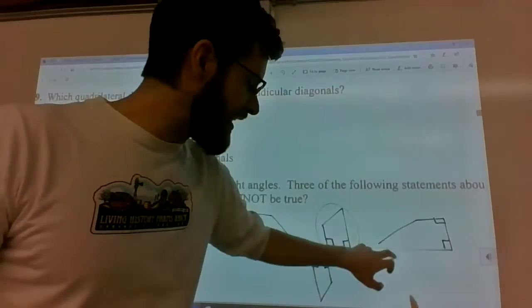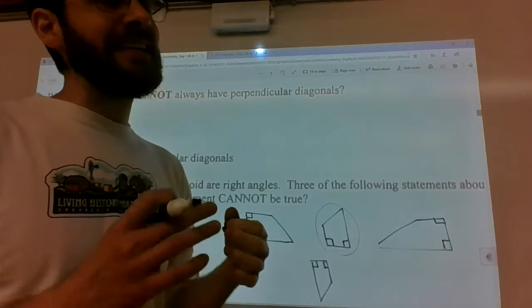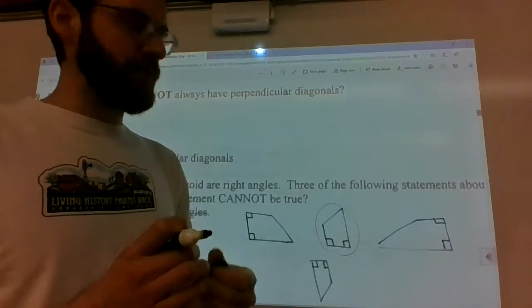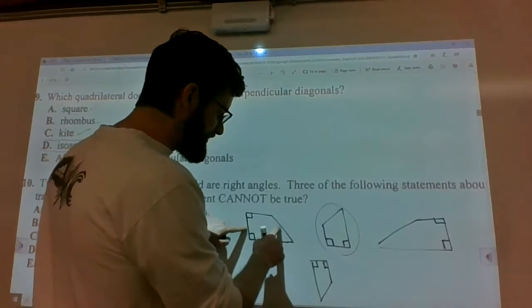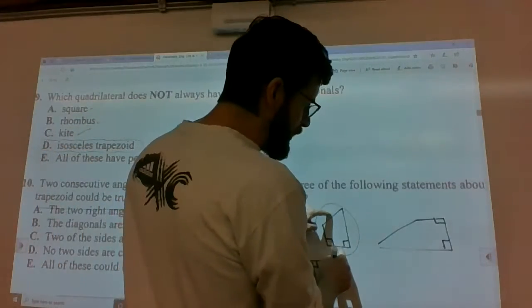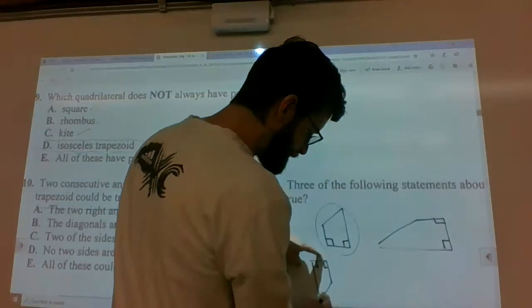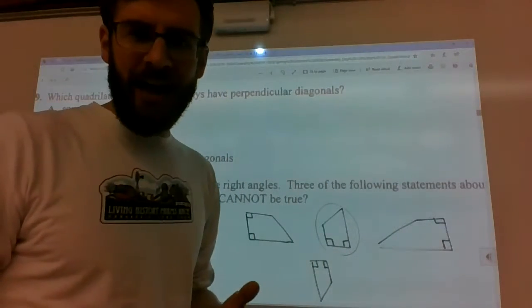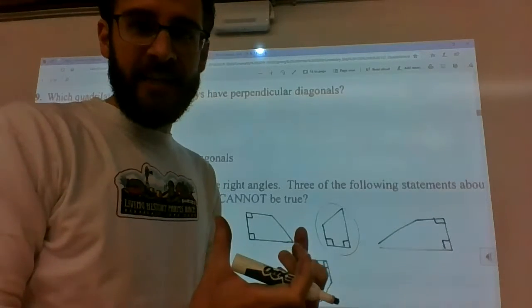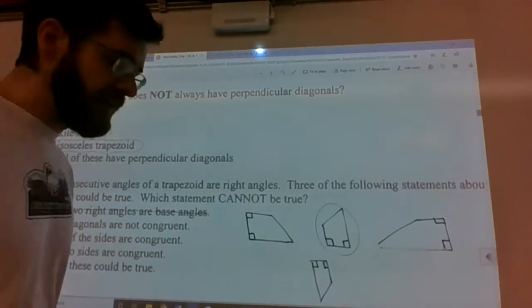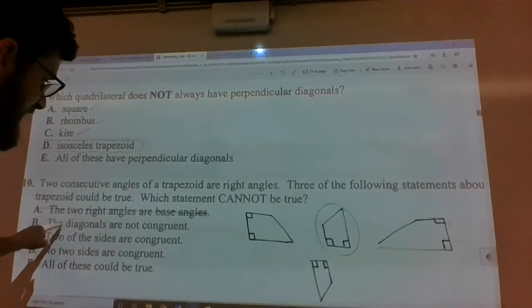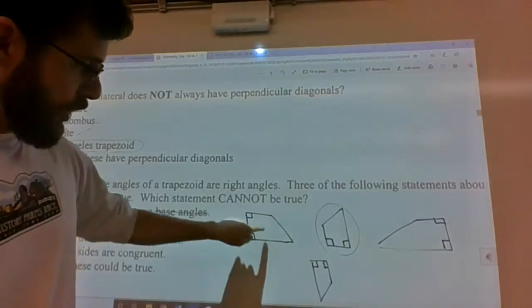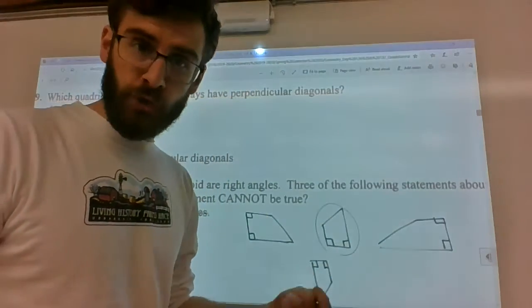These can't be isosceles trapezoids, because their opposite sides cannot equal one another. And it's not the sides that are parallel, because if you start doing that, you're creating the definition of a parallelogram. So this is sort of a not situation. The diagonals are not congruent. Correct, so that's a true statement.